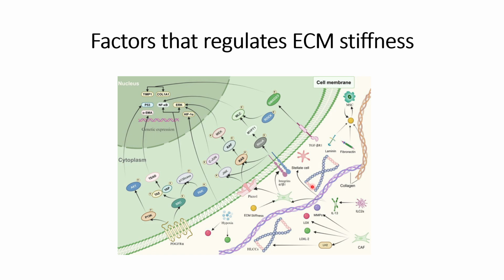In the stiff environment, the HLCC is more dominant and the LCC is not. Some examples of the stiff tissues are near bones, whereas where there are soft matrices, LCC is more dominant. LCC is lysine aldehyde-derived collagen, and those are more common in the soft tissues such as connective tissues.